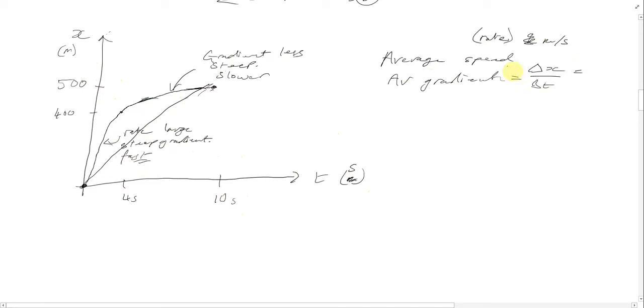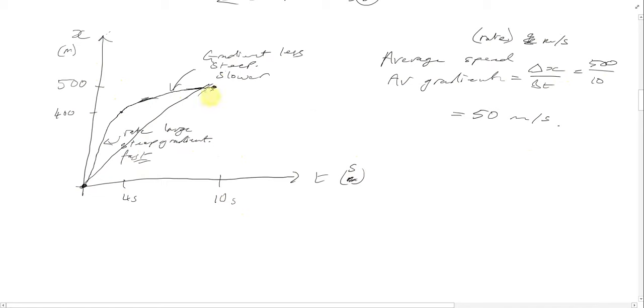Okay, so change in meters, they made it 500 meters, and the whole trip took them 10 seconds. So overall, their average speed is 50 meters per second. Okay, hopefully that's reasonably easy. Okay, however, 50 meters per second is their average speed. That's how fast they were going on average.